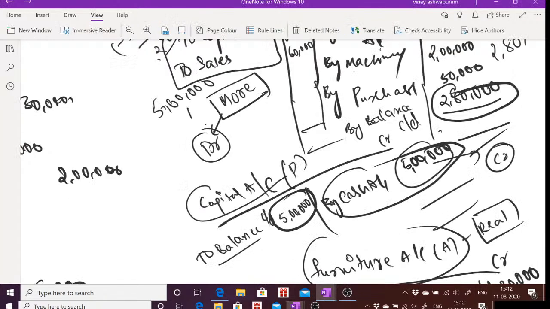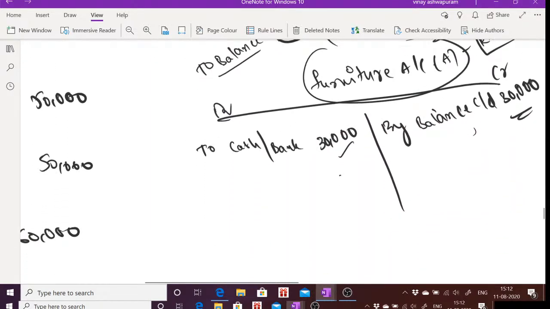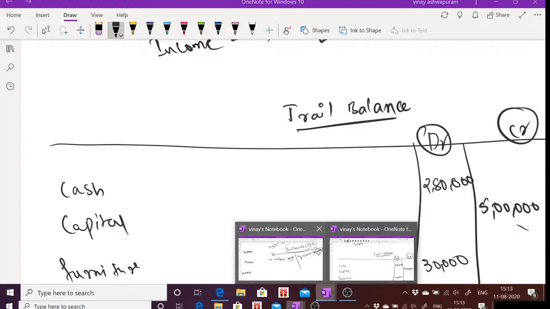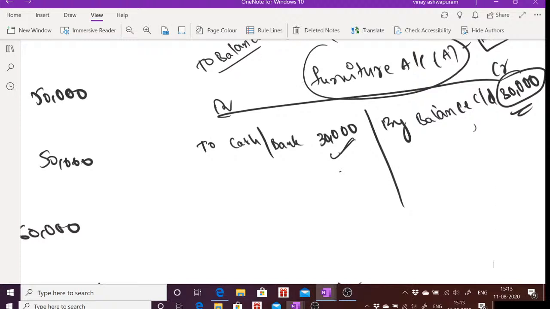Then let's see another account, the furniture. It's showing a debit balance. So furniture, sorry, furniture debit side 30,000. Then furniture account is done.